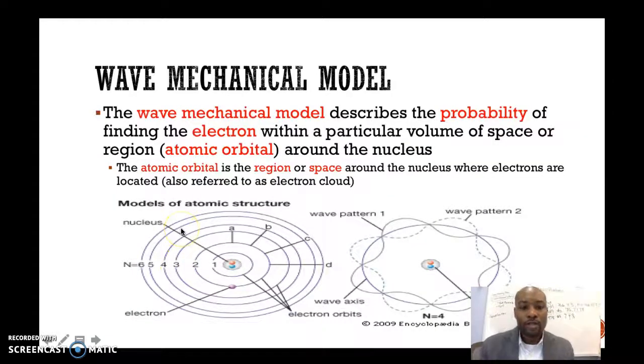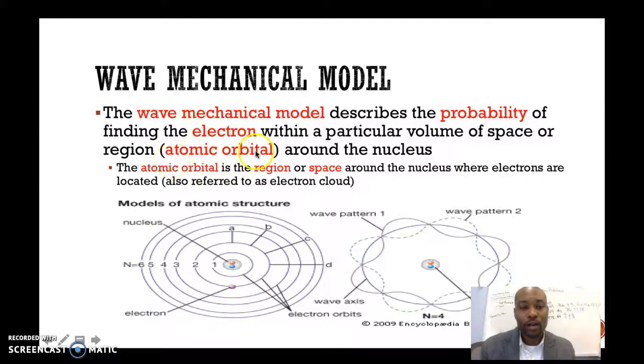Okay, and this leads us to another model of atomic structure. We saw that over the years there were different theories of atoms and how they were arranged. Another model is referred to as the wave mechanical model, and it describes the probability or the chance of finding an electron within a particular volume, space, or region.